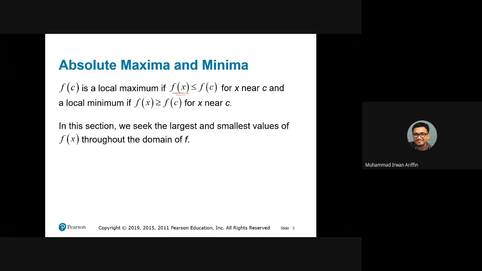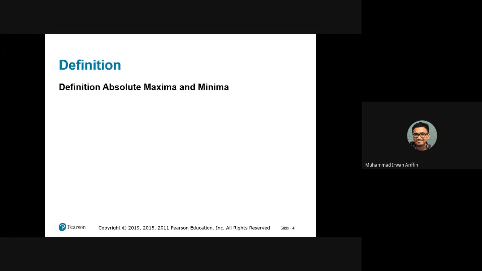So what we're going to do now is try to find the largest and the smallest values of f of x throughout the domain of f. This brings us to the definition of absolute maxima and minima.